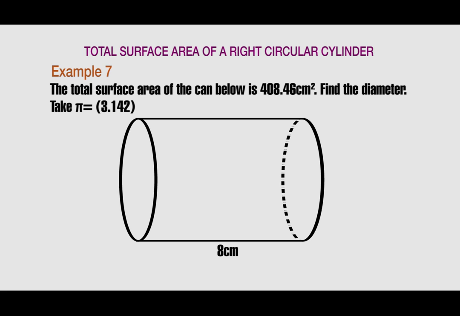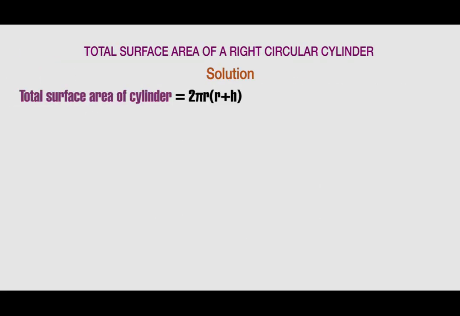So you are going to use the formula for finding the total surface area of a cylinder, which is 2 pi r (r plus h). In this question, you have been given pi to be 3.142 and the height of the can to be 8. And the total surface area is 408.46.